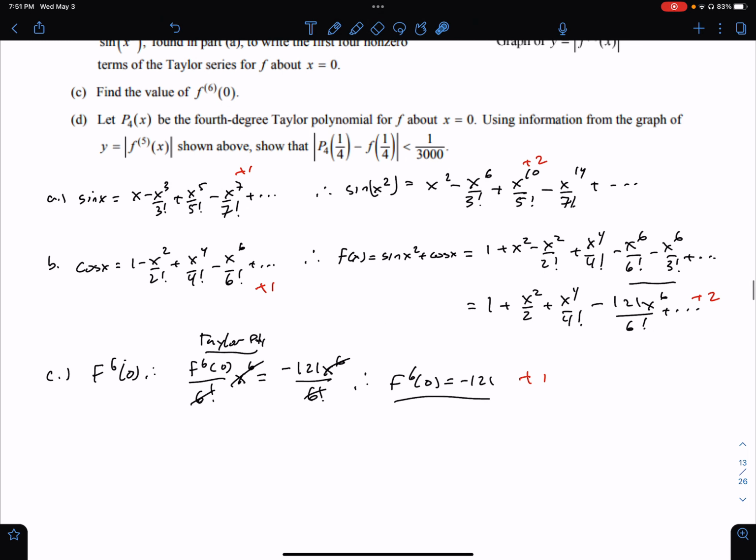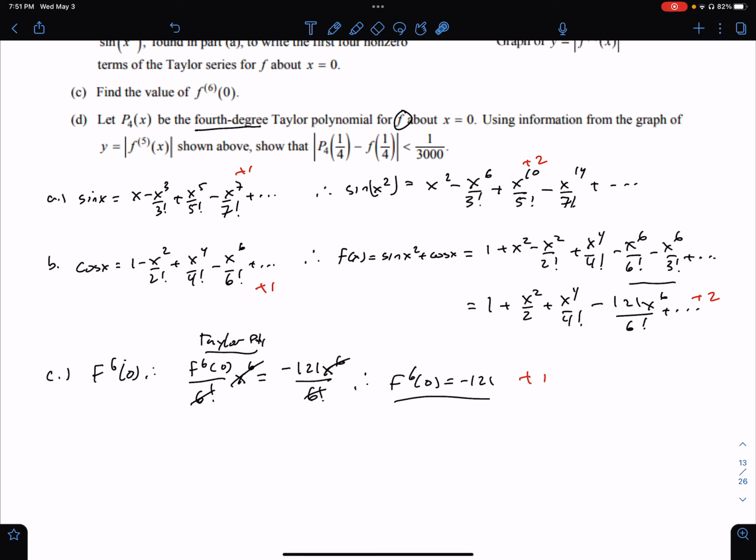All right, so here we go. D. Let P4 of x be the 4th degree Taylor polynomial for f about x equals 0. So we're looking at only a 4th degree Taylor polynomial. If we look at our f right here, there's f of x, our 4th degree Taylor, so we're only going to here.